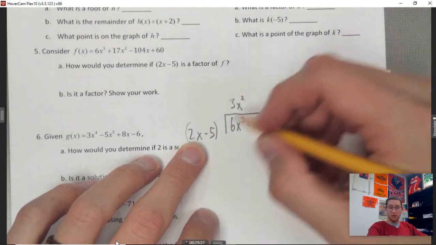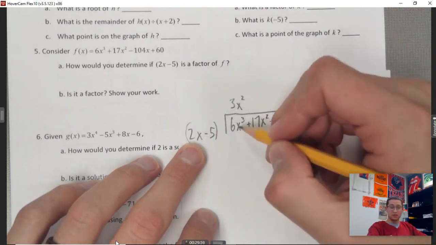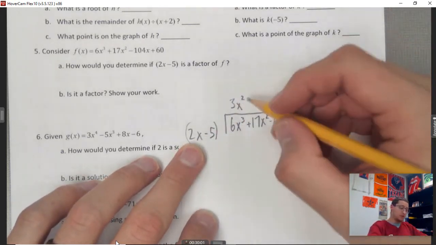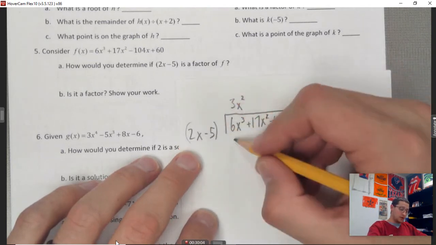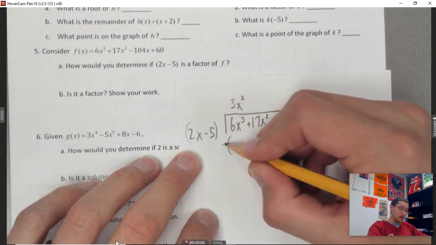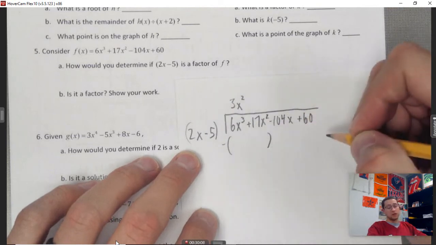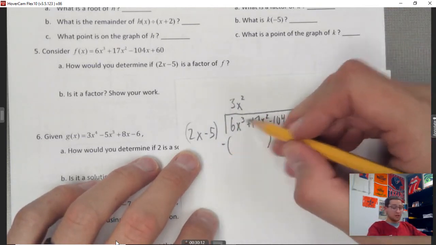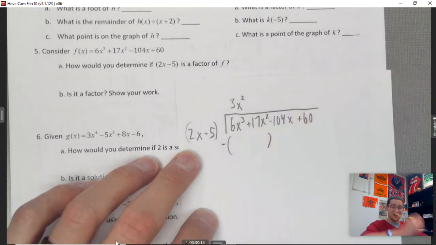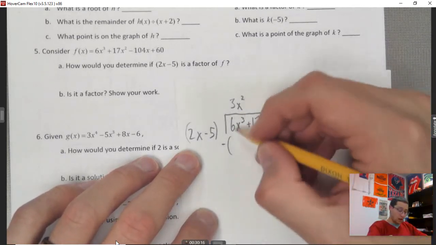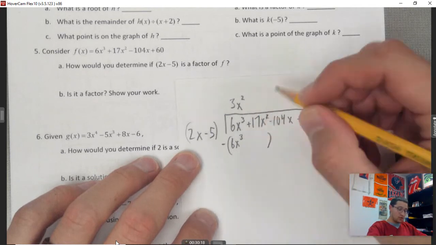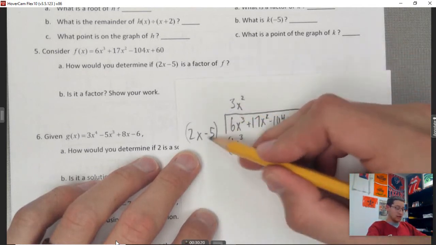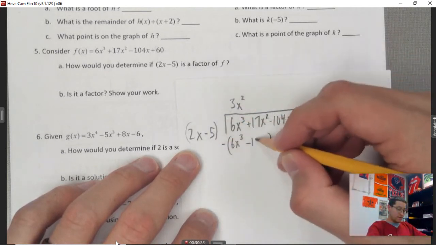That's x squared. So if I multiply this times this, I'm getting out this. Now what I do is I multiply that 3x squared to this. Me personally, I like to write mine in parentheses, and I like to write that minus sign up there because I know that I'm going to be taking this and then subtracting this in here. At least I have that visual reminder. So I've got 6x cubed, 3x squared times negative 5. That's minus 15x squared.